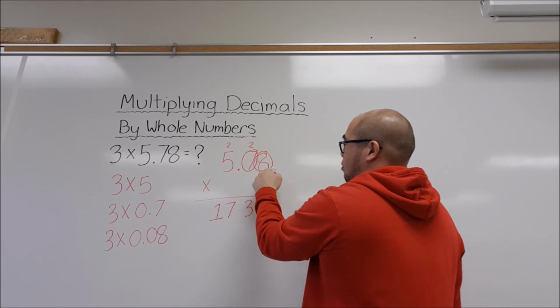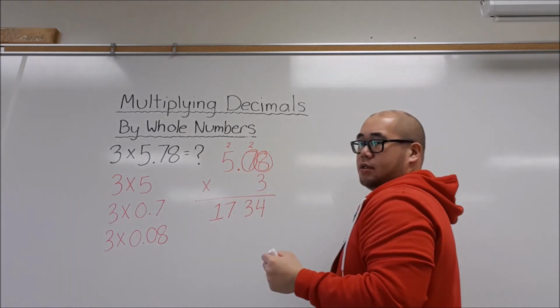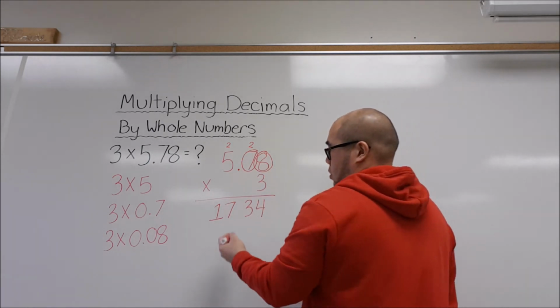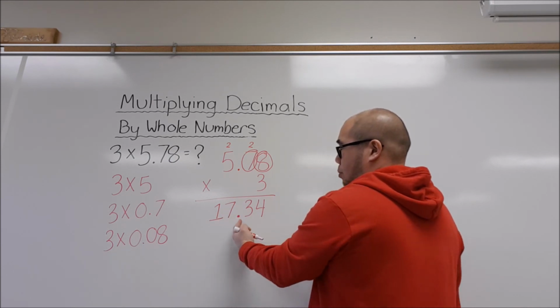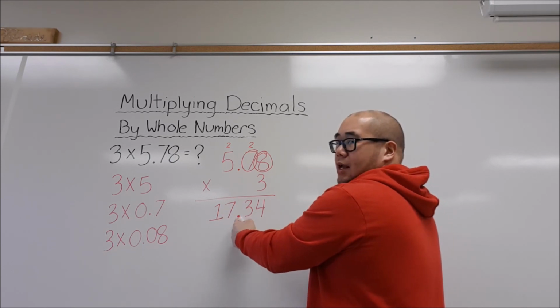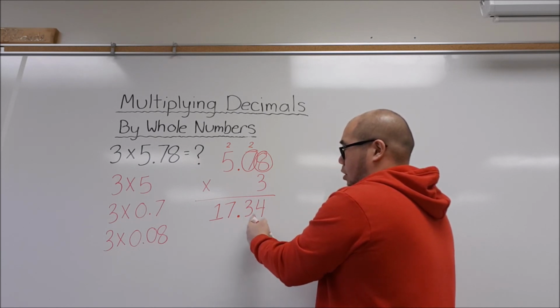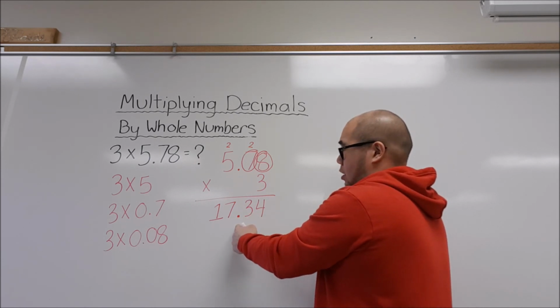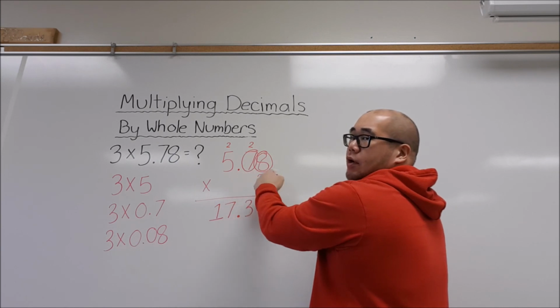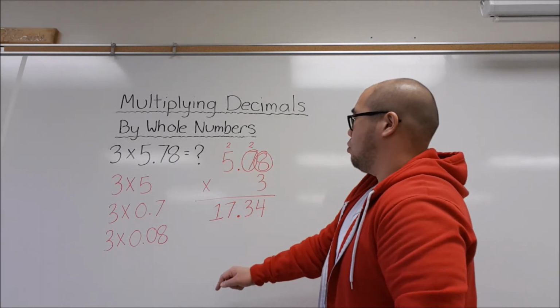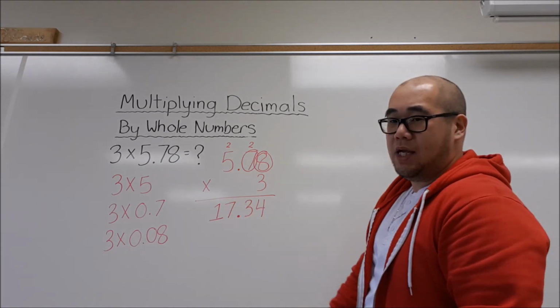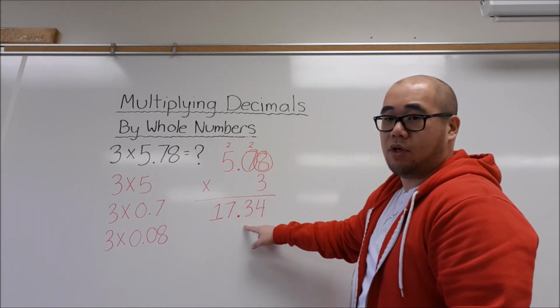So there's 2 numbers after the decimal place in our multiplication question. So our answer has to reflect that, which means we've got to put a decimal place between the 7 and the 3. So now there's a 3 and a 4, 2 numbers after a decimal place here, 2 numbers after a decimal place here. This answer is correct. Our answer to 3 times 5.78 is 17.34.